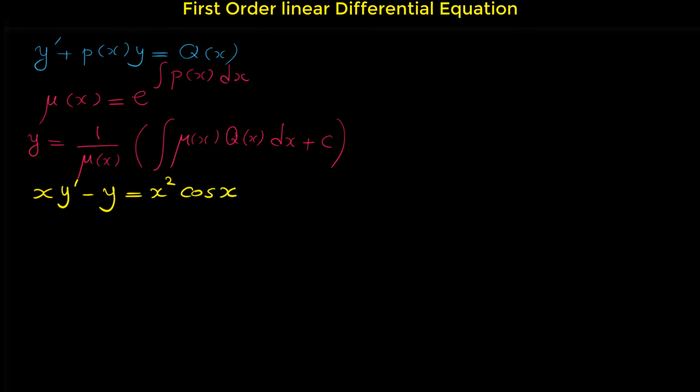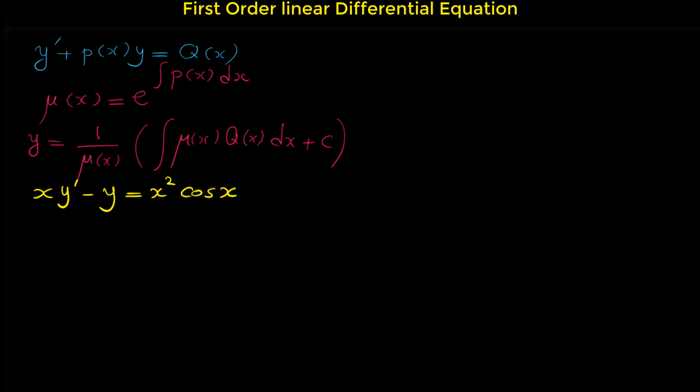Note that this equation is not in the standard form, because the coefficient of y prime in the standard form is 1. But here the coefficient of y prime is x. So the first step before we start and find the solution is to convert this to the standard form.